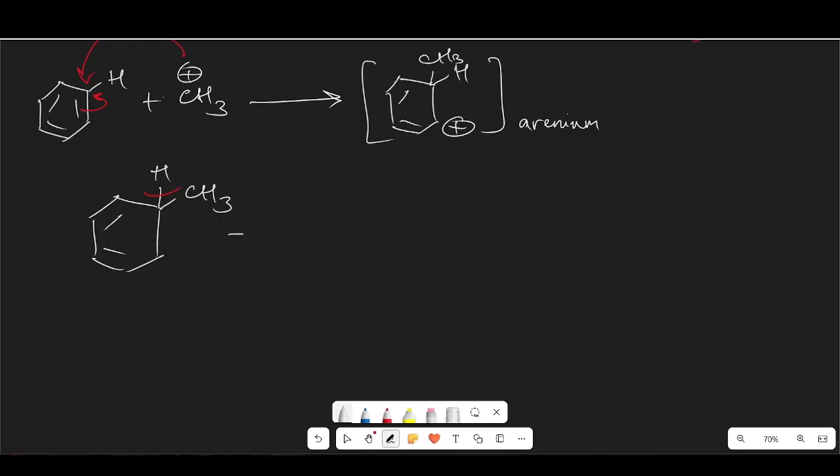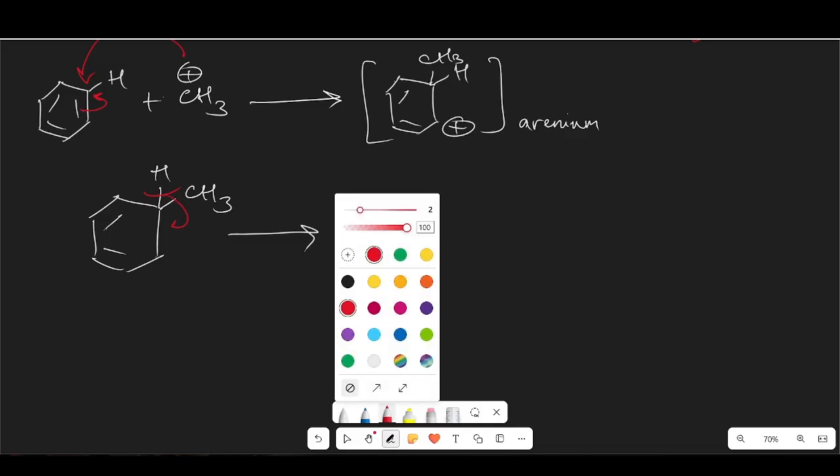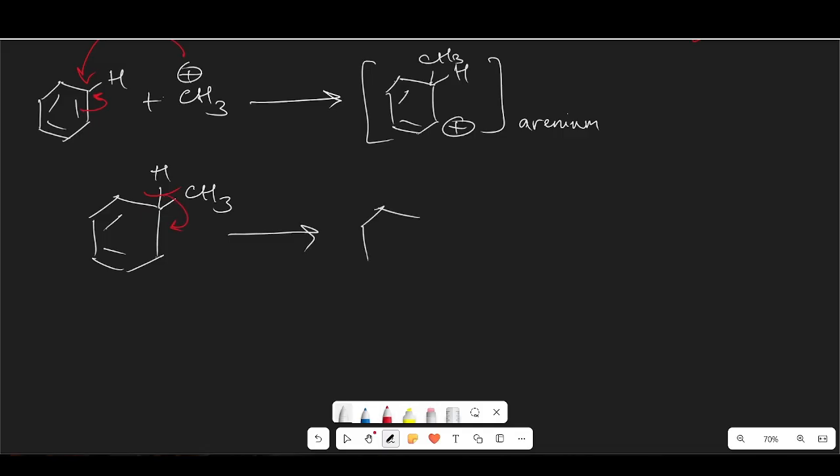That pi bond transfers here, and this forms toluene and the proton, which goes on to attack the nucleophile catalyst complex. I used aluminium chloride, right? And this liberates AlCl3 as it is, and HCl. That's Friedel-Crafts alkylation for you.